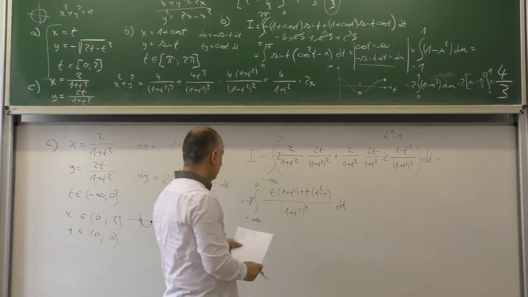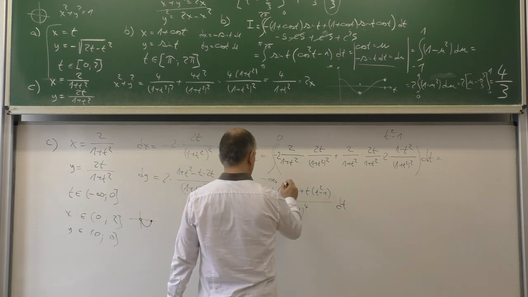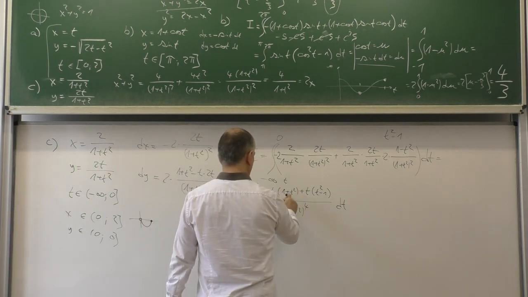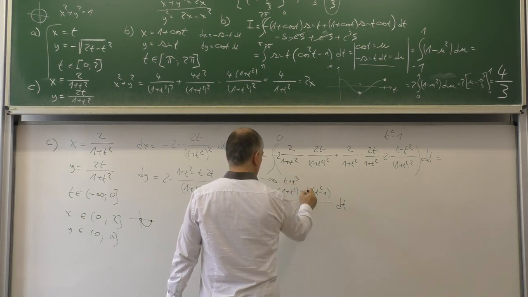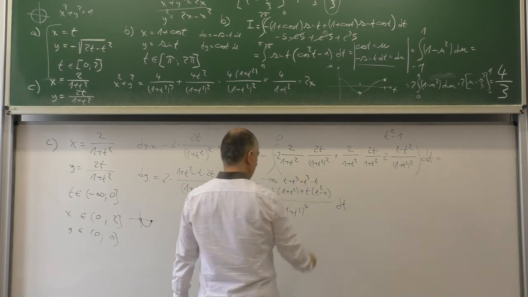And this numerator can be simplified to, here we have t plus t cubed plus t cubed minus t.